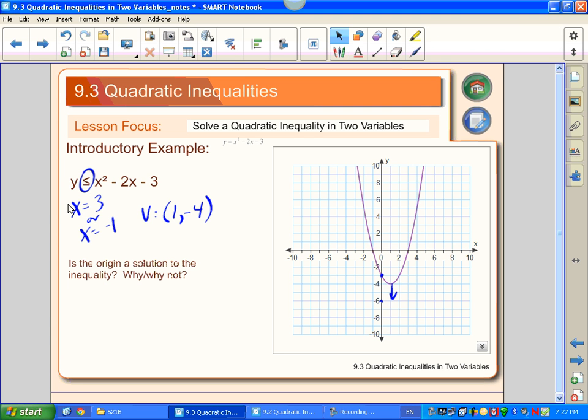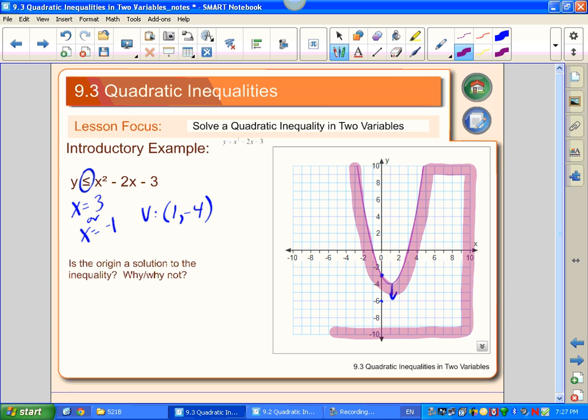So we have to shade. So we have the points on the boundary line are already denoted because there's a solid line. And now we have all the points less than that parabola. And so we're shading.